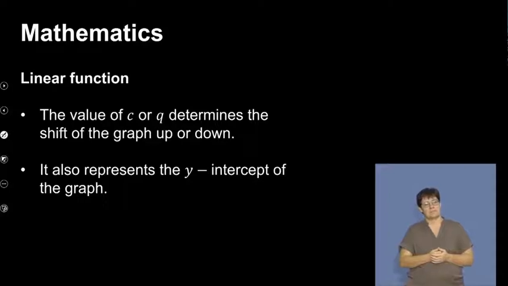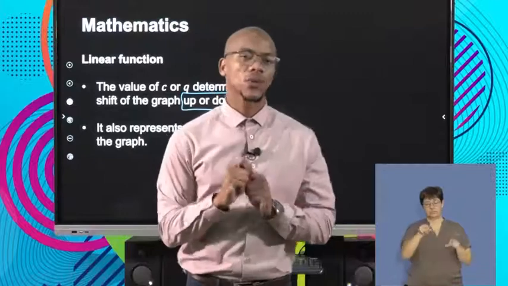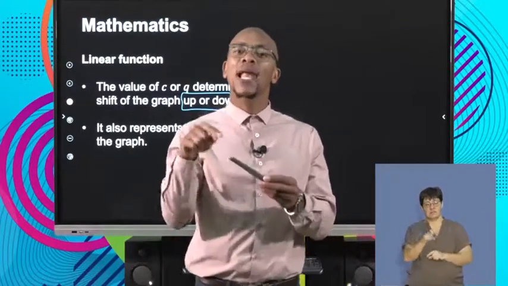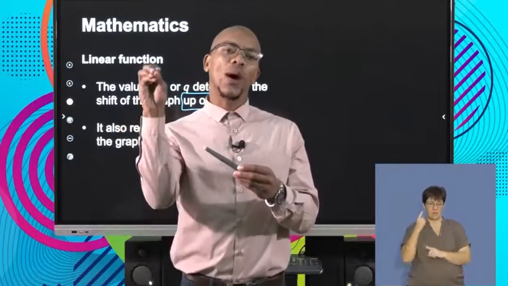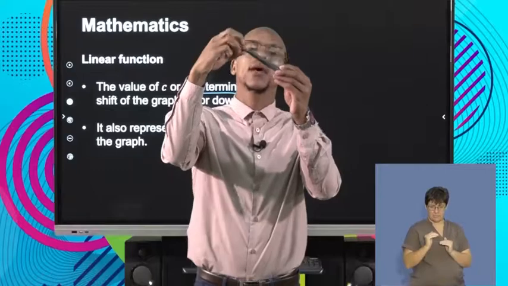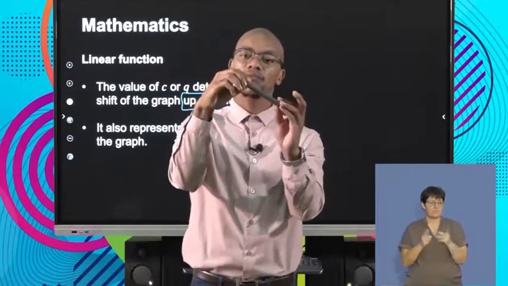And then the value of c or q determines the shift of the graph up or down. So we do need to also know what the up and the down is all about. If I have y equals x as the mother graph, when I say y equals x plus 1, because the plus 1 is positive, it means I must move it 1 unit up, but in the very same posture that it is in.